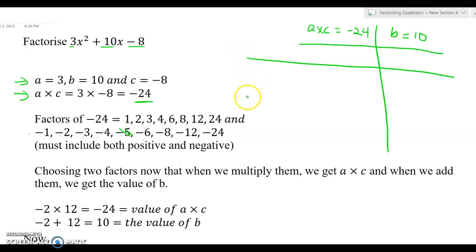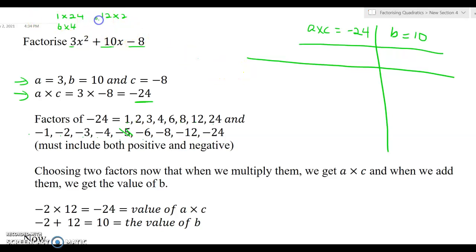The possibilities would be 1 times 24 gives 24. What else will give me 24? 6 by 4 will give me 24. What else? We could do 12 by 2. Let's just use that for now, and we'll go back and see if we can have any other options.